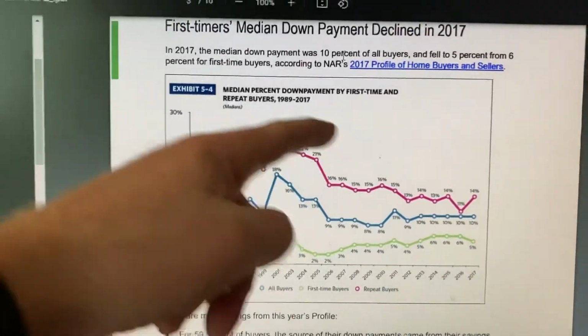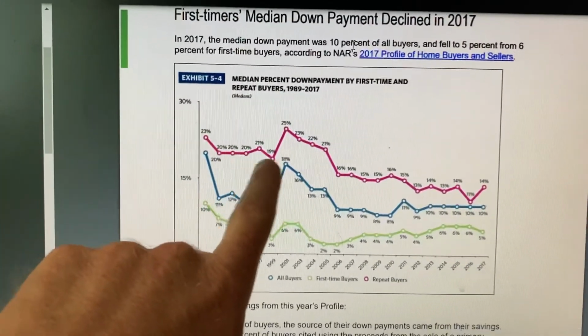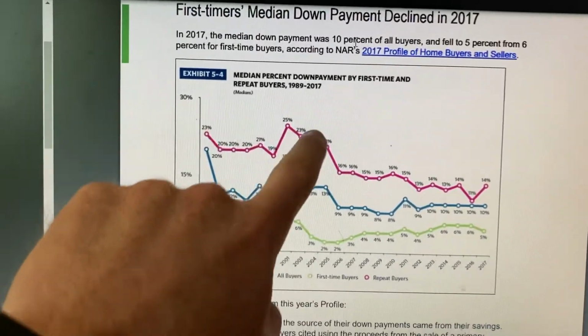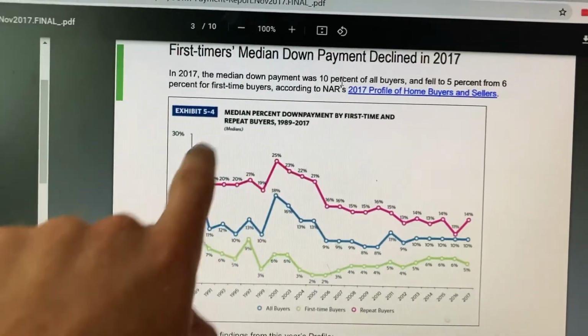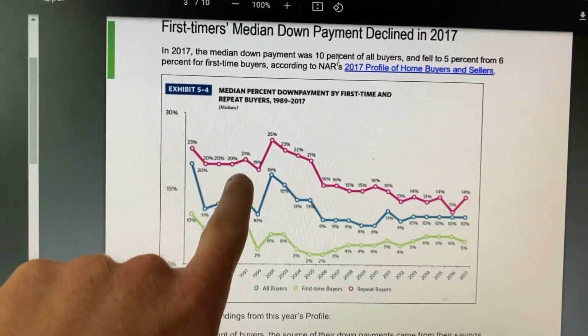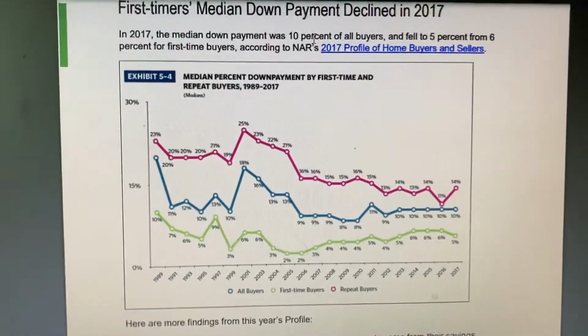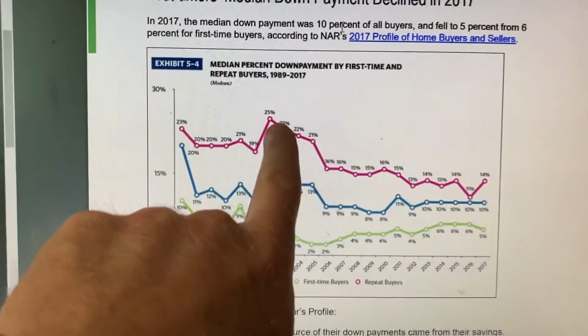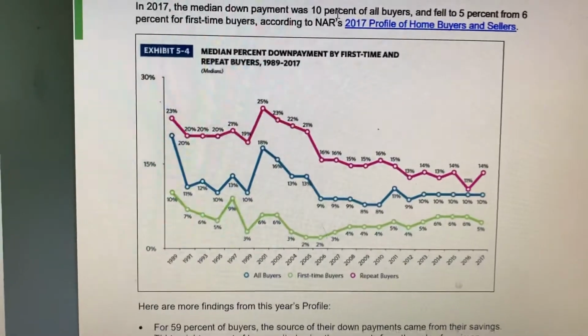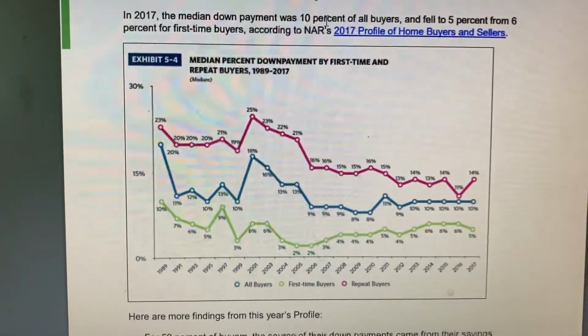It's not an interest rate, it's their down payment rate. So what this is telling you here is, for people who've already bought a house, looking at like the late 90s, the average down payment rate is close to 20%. And that's because a lot of them are doing traditional mortgages with 20% down payments. You can see that the average goes up to 25% at one point. So these people are doing mortgages with big down payments.